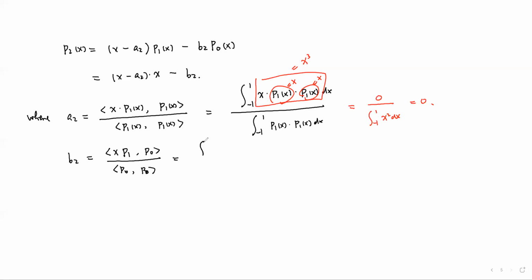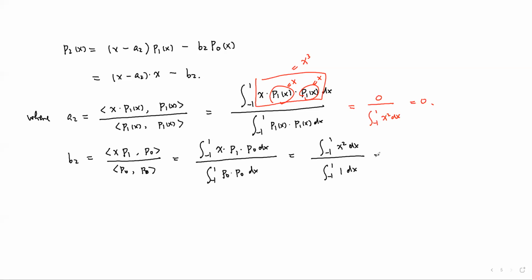The numerator is the integral of x times P1 times P0 dx, over the integral of P0 times P0 dx. P1 is x and P0 is 1, so the top is the integral of x squared dx, and the bottom is the integral of 1. So the answer is 1/3.